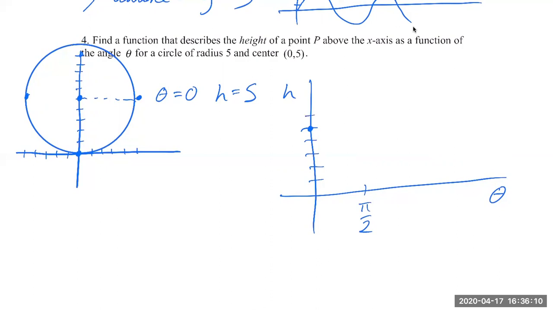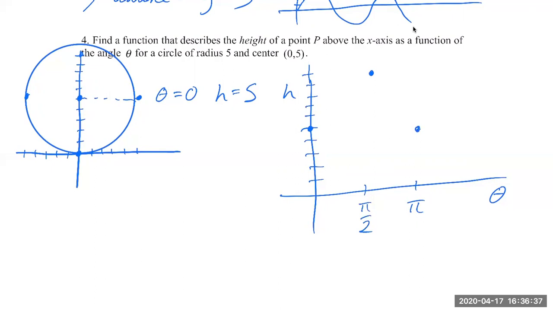So 2, 3, 4, 5. That looks like it's up there. Now, if we move another pi over 2, so this gets us around to pi on rotations. That brings us back to 5.